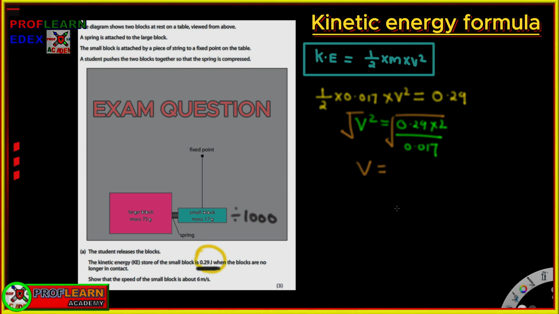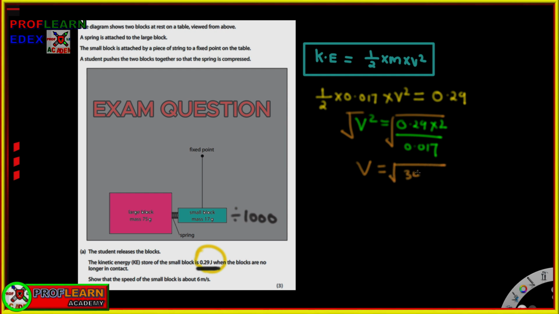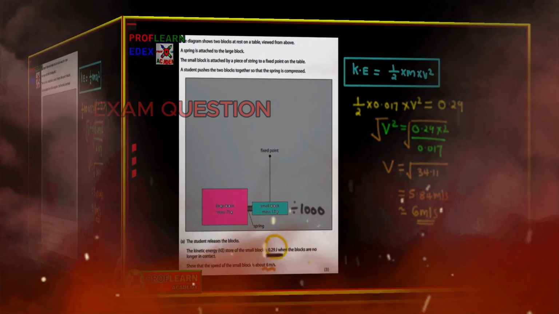This is 0.29 times 2 divided by 0.017, which translates to the square root of 34.11. If we work out the square root of this number, we get 5.84 meters per second, and this answer is approximately equal to 6 meters per second, which we were supposed to show at this given point.